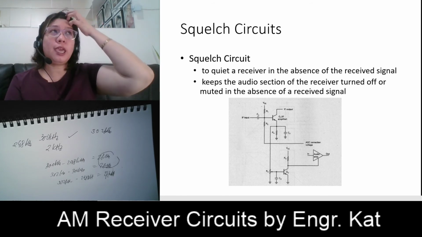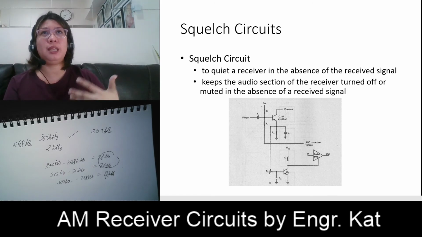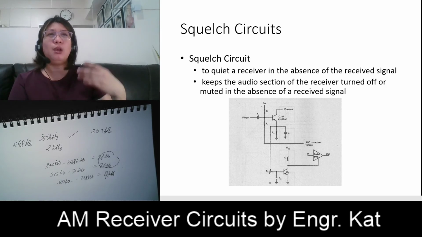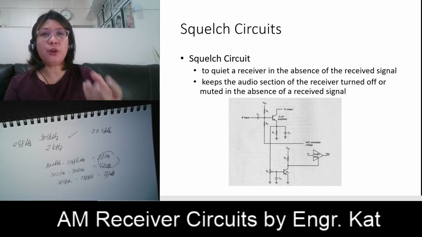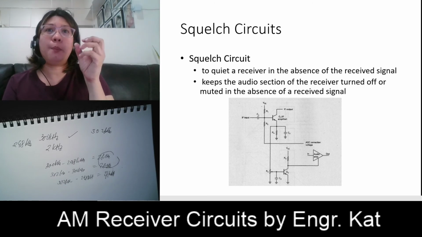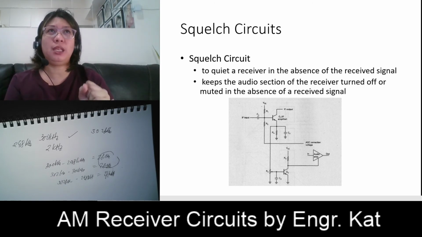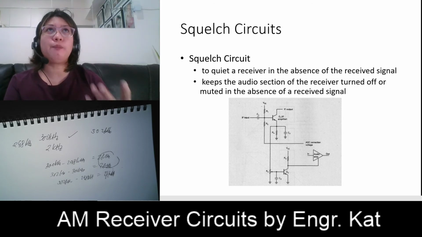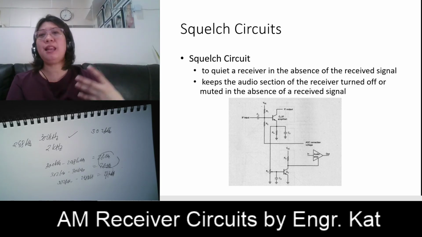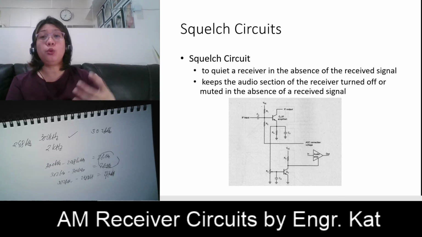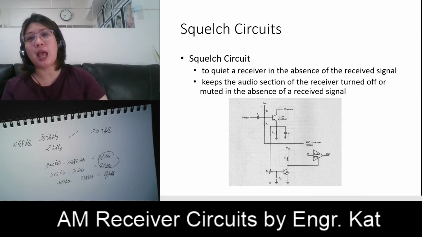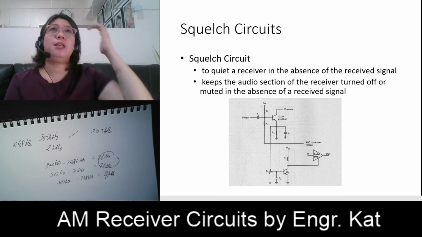The carrier without a modulating signal is a hissing sound, like that. So when your receiver is tuned to a band wherein there is no modulating signal, usually it is noisy. To prevent that, some high level receivers use squelch circuits. This keeps the audio section of the receiver turned off or muted in the absence of a received signal.